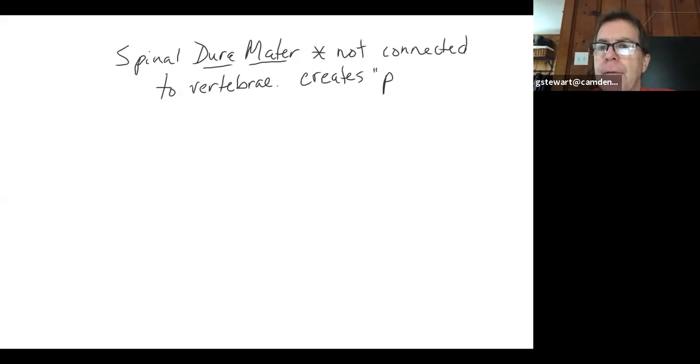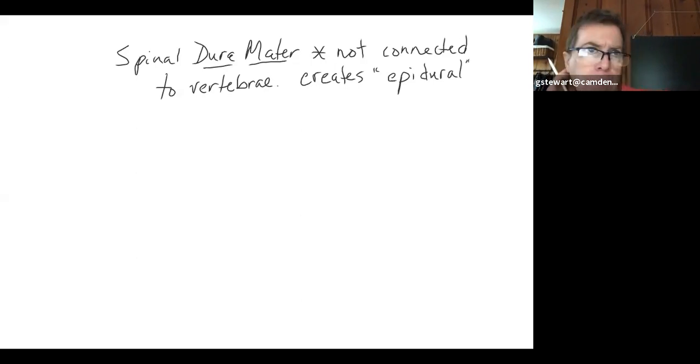If you've ever had general or almost general anesthesia, you've heard this before, an epidural injection or anesthesia. That refers to injecting anesthesia into this space that's between the dura mater and the inside of the bones of the vertebrae themselves, and it runs all the way up the vertebral column.